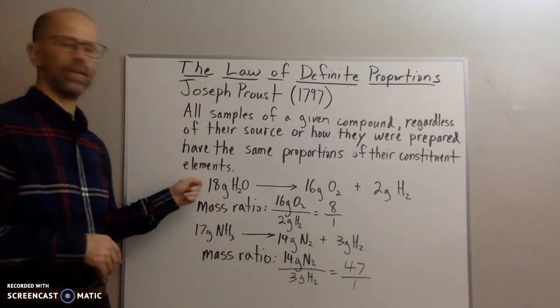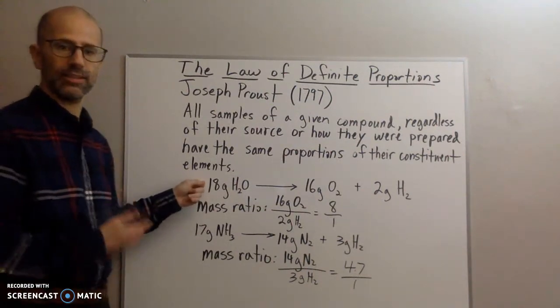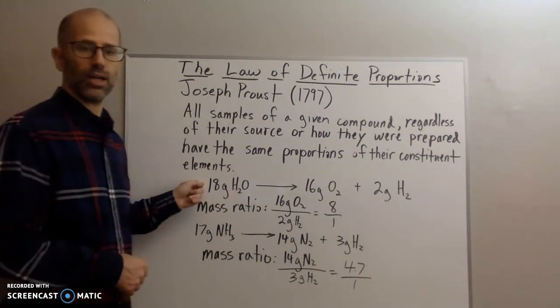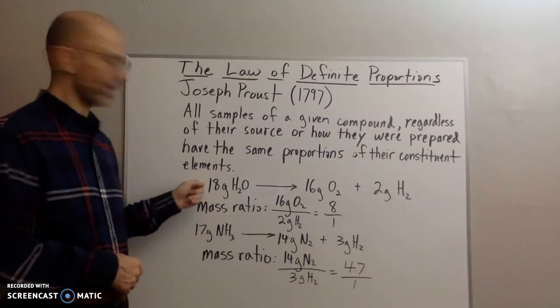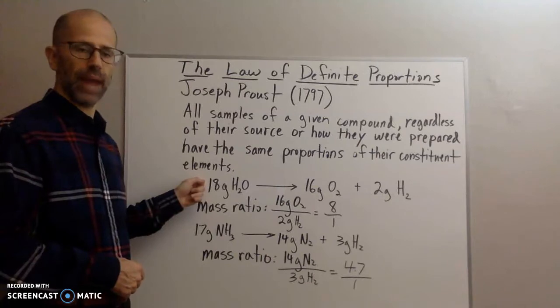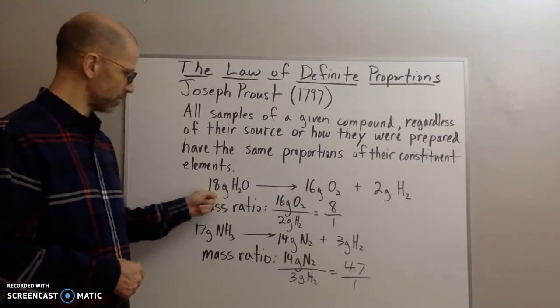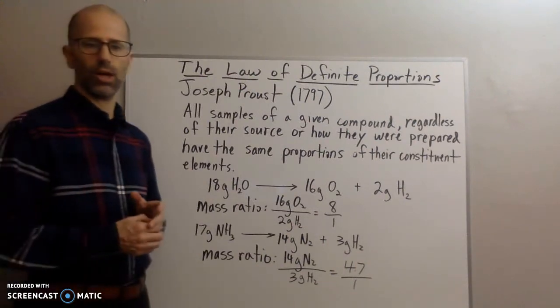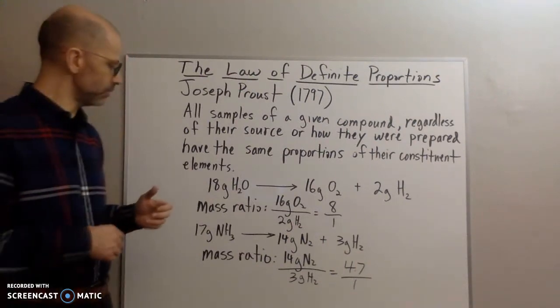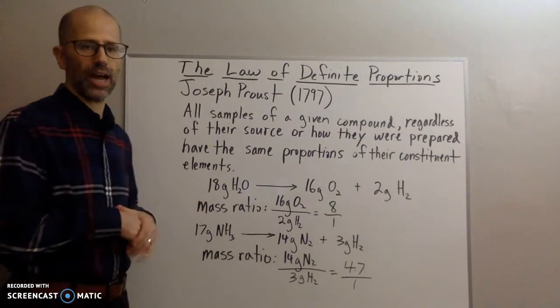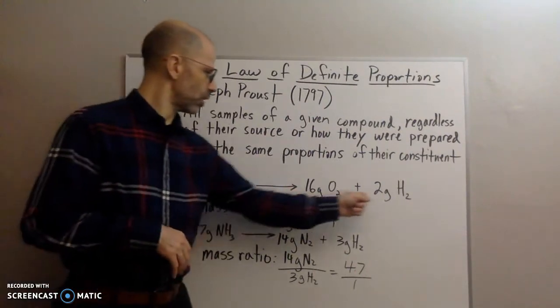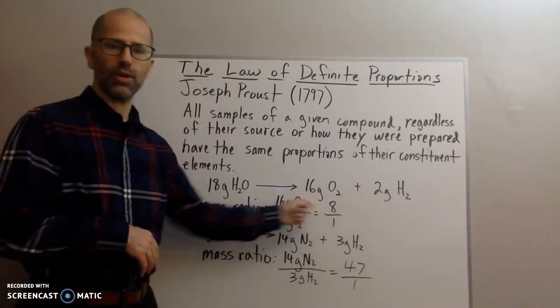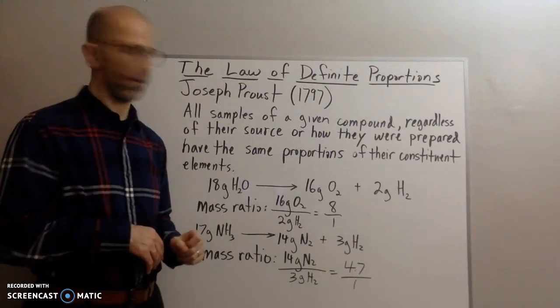And so you can see that this is consistent with the law of conservation of mass, right? I have 18 grams here, I have 16 and 2. But in this video, we're focusing on the ratio of the constituents of the substance, in this case, water.